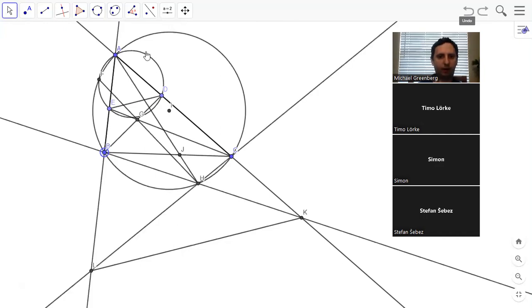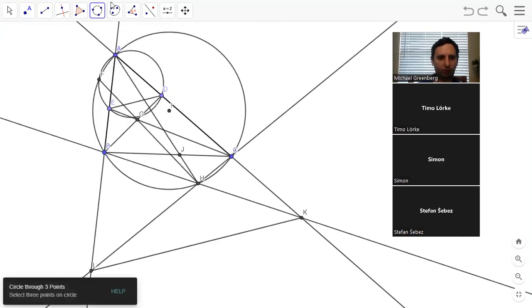Actually, let's go back. So here's kind of my idea. Let me draw a parallelogram here.